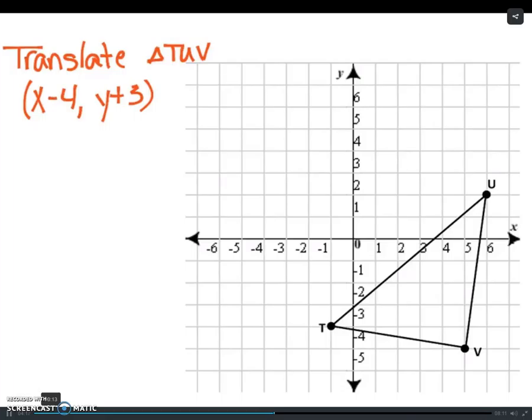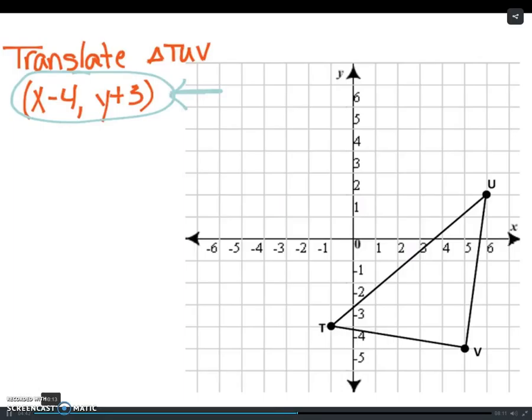So this is triangle TUV, and our instructions on this one are written like a coordinate, only they've been added to or subtracted from. In cases like this, it's usually easier if you go ahead and write out your original coordinates first, and then go back and plug them into this here, which is going to be like your formula.